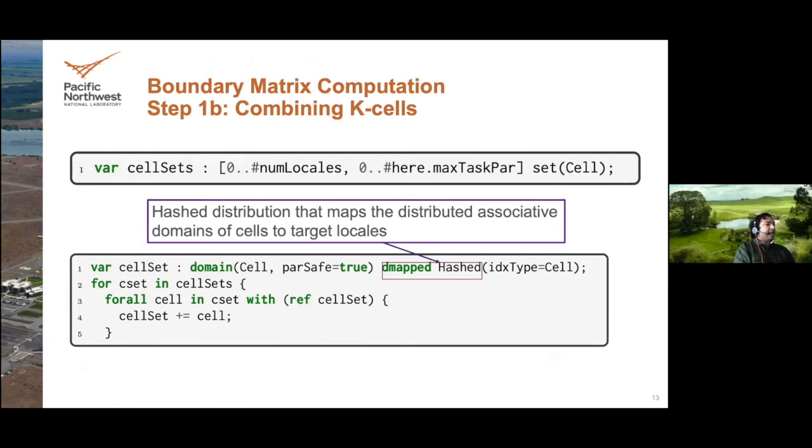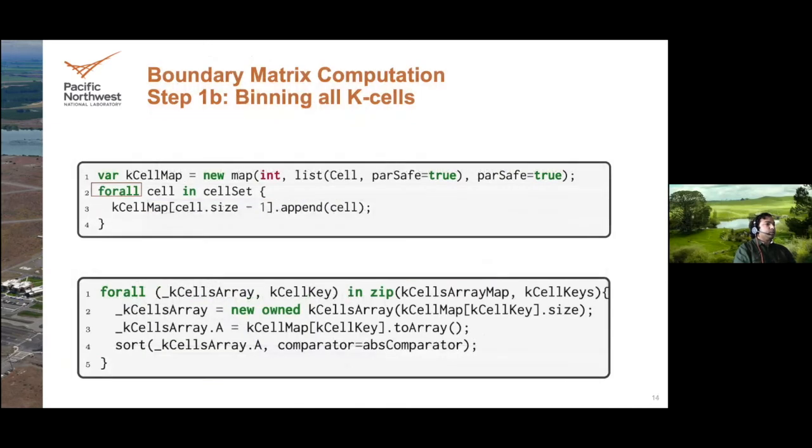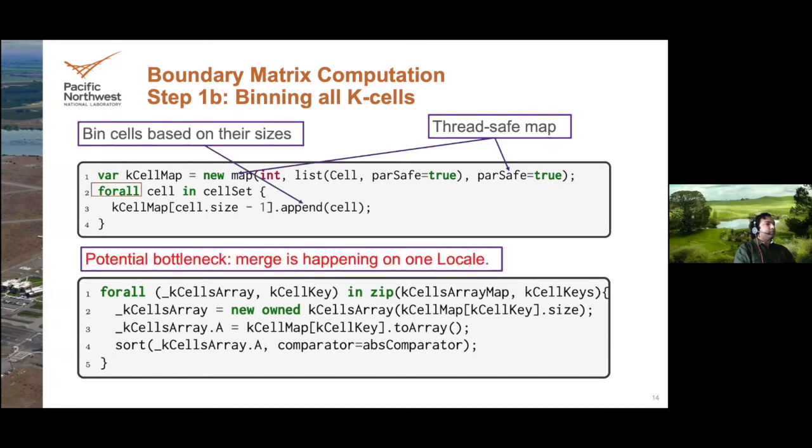Then we maintain a map on one local, which bins all these cells from different locals. The problem is that, since we don't have a distributed map, this merge is happening on one local.